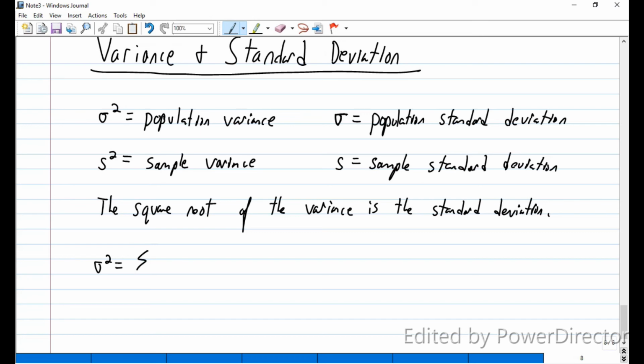It's equal to the sum of x sub i minus mu, squared, divided by capital N. Now, this is a population, so it makes sense that you have a population mean here. This just stands for every data item, x sub i, and the capital N stands for the number in the entire population.